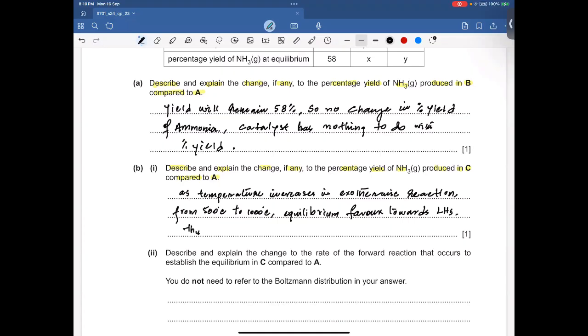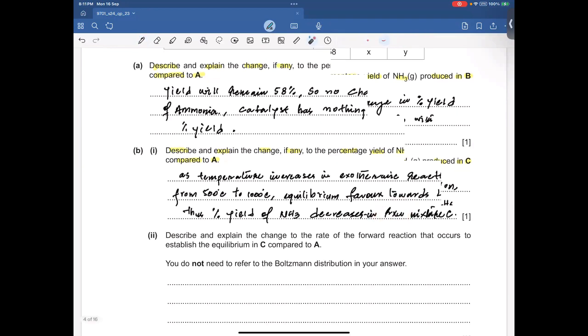Thus, percentage yield of ammonia decreases in reaction mixture C. Okay. This RXN is basically reaction, short form of reaction. Okay.